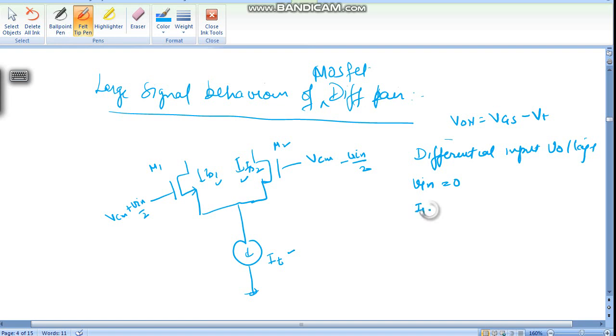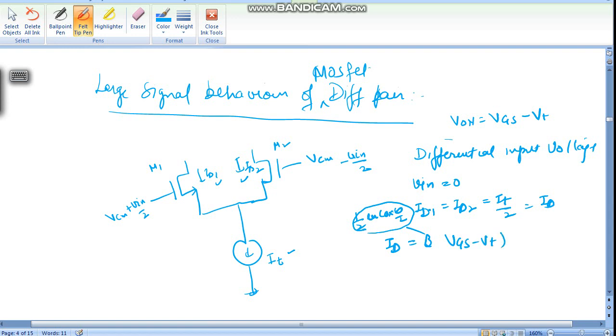So ID1 equals ID2 equals IT by 2, say this is ID. So if ID1 equals ID2, then ID equals beta. Beta is say half mu n COX W by L. So I am considering all these terms in this beta, VGS minus VT square.